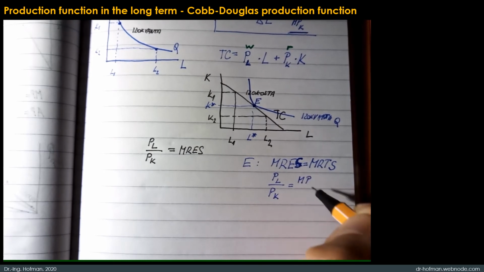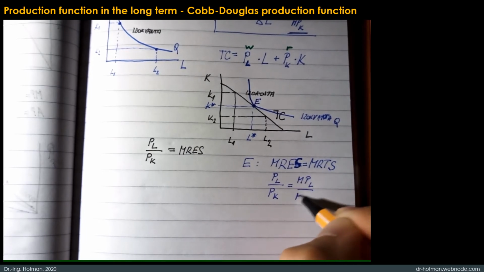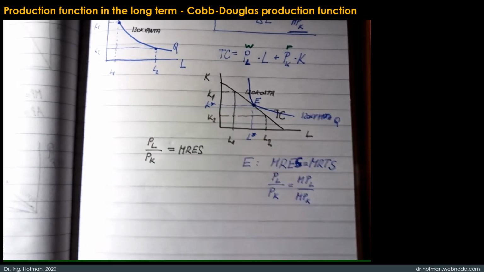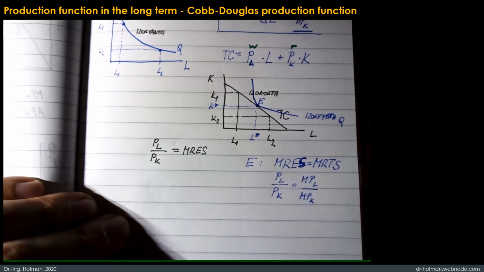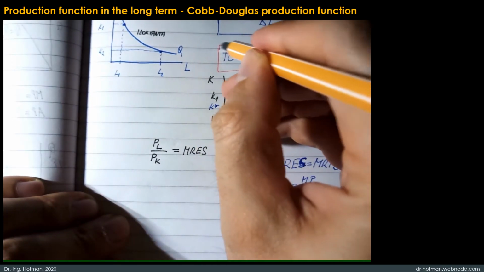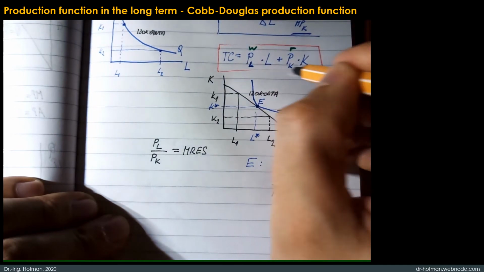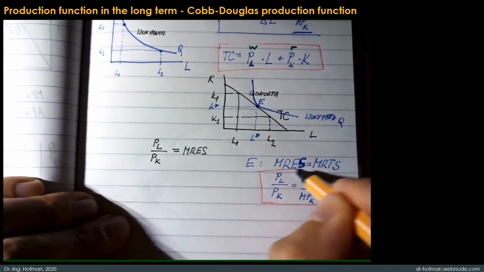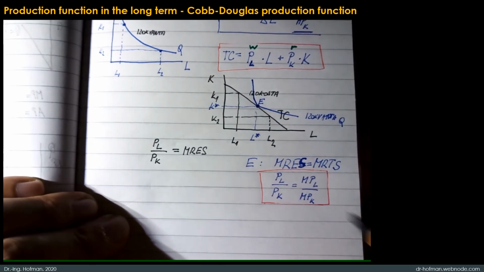The ratio of prices equals the relation of marginal product of labor and marginal product of capital. Mark especially these two expressions for our next calculations.